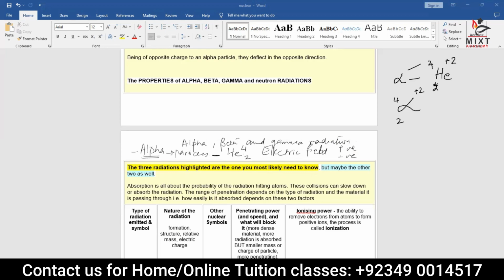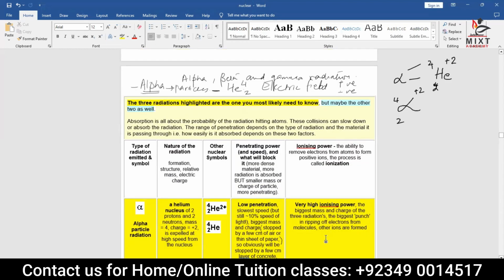So first point is, alpha particles are the helium nucleus of 2 protons and 2 neutrons, where proton number is equal to 2 and nucleon number will be equal to 4.